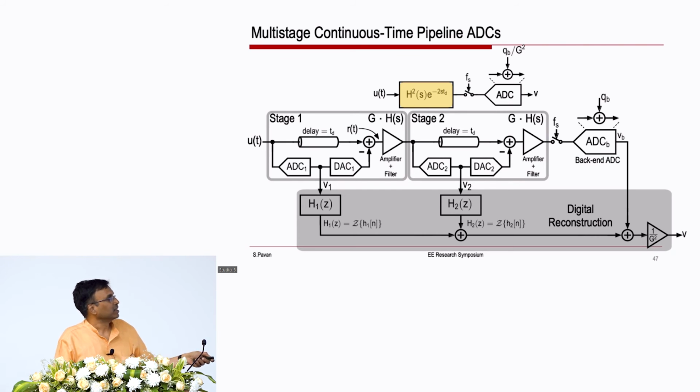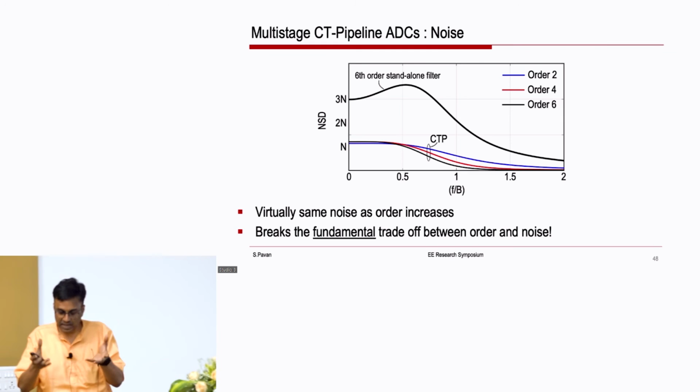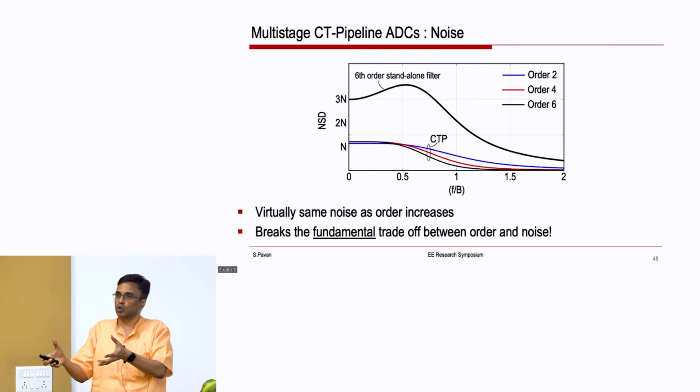And because the noise of this stage is severely attenuated, the entire noise of the ADC is actually coming from only one stage, even though the filtering is happening in two stages. So that is the fundamental advantage of this, which allows you to break that fundamental power noise trade-off that's inherent in a standalone filter or a standalone ADC.